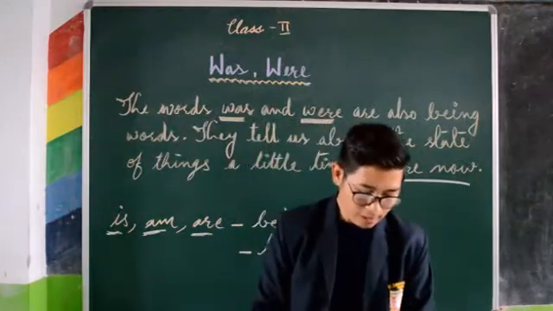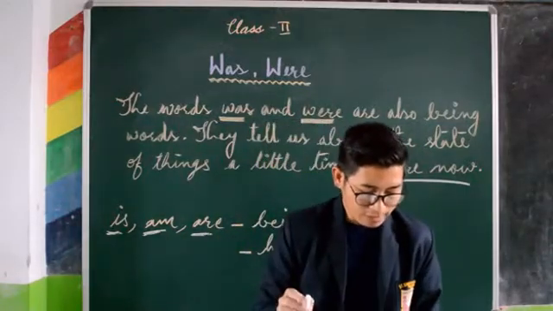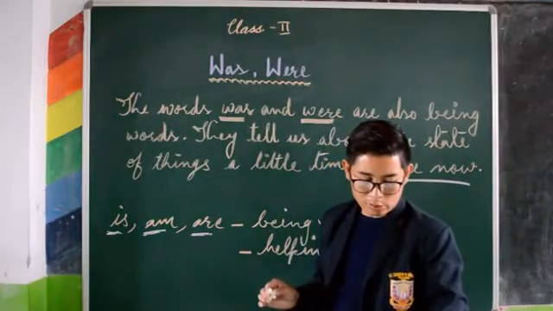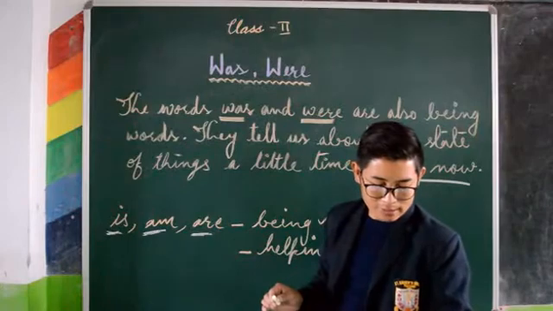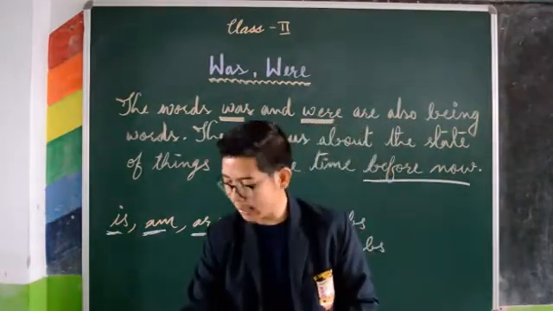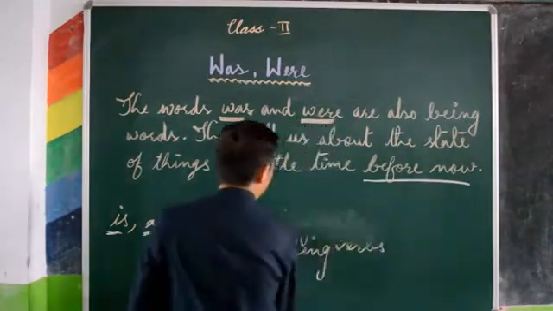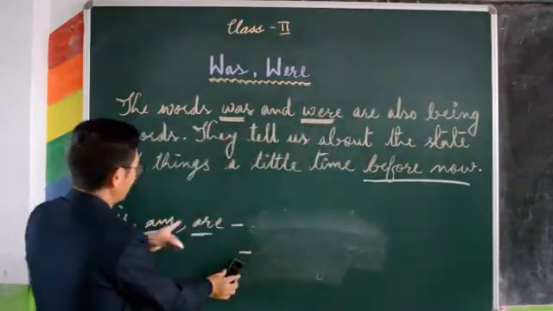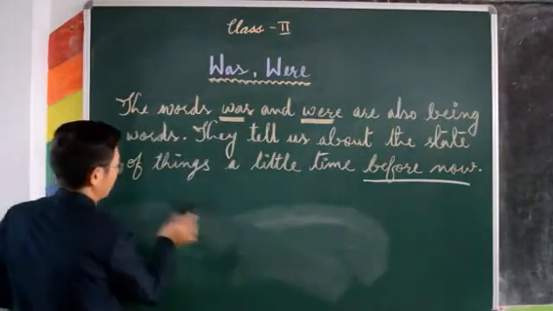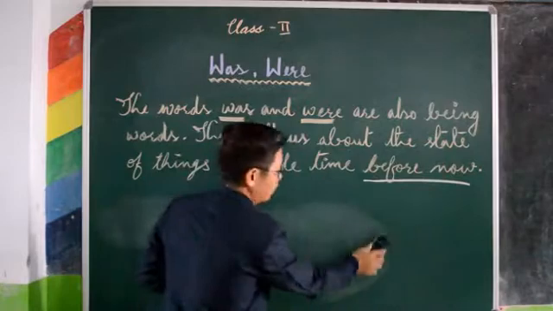Okay. Now, let me show you some examples in the book. Now read these sentences. It was very windy yesterday. Okay, I'll rub this. So am, is, are are also being words plus helping verbs.